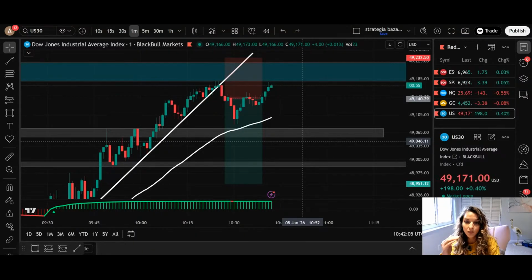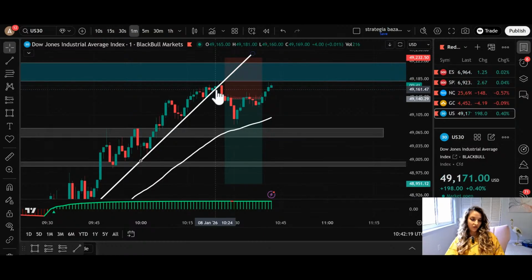I need an open and close below. If it rejects a strong area.